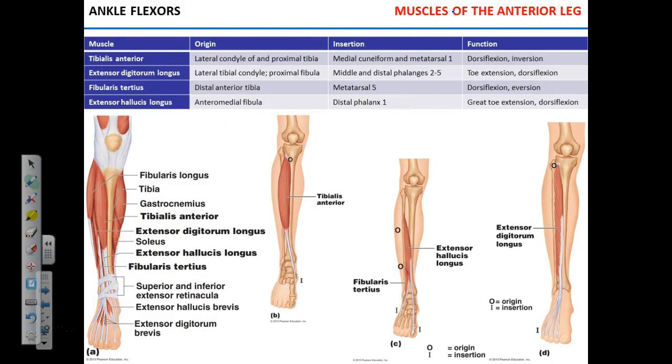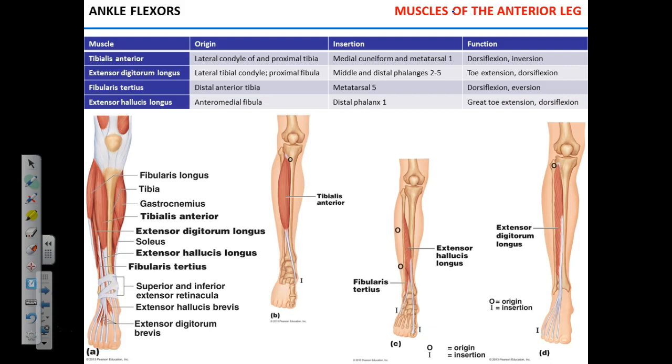Flexors of the ankle. When we say flexors of the ankle, remember the rule. If the muscle crosses the joint anteriorly, it flexes.